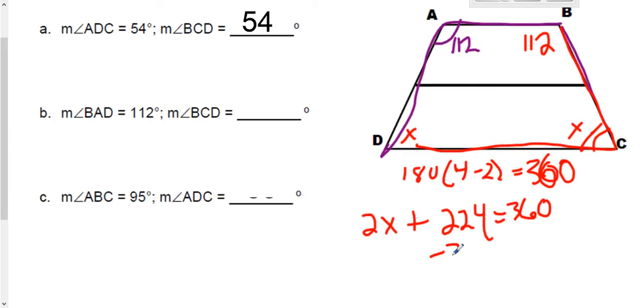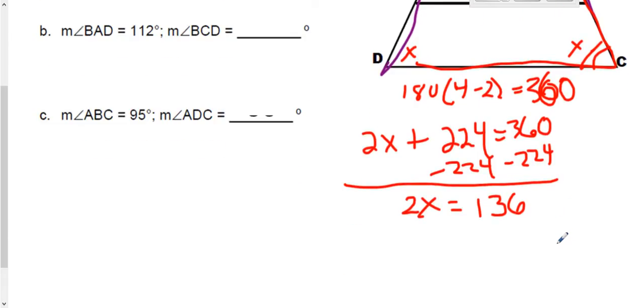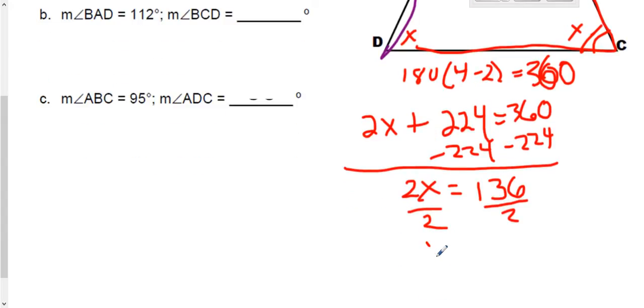So we subtract the 224, and we get 2x equals, let's see, 136. Does that sound right? That's 30, 60, yeah. Divide by 2, and we get x equals 68.